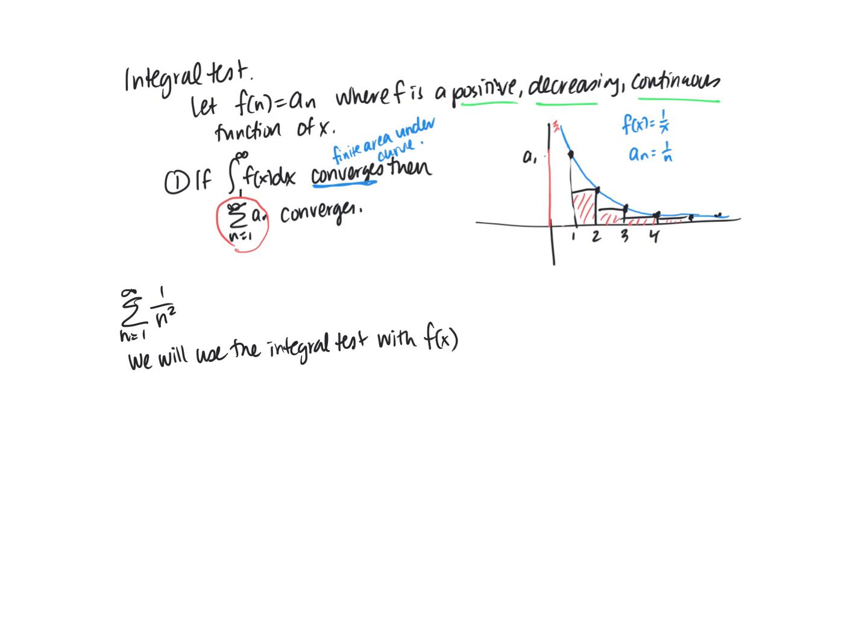Well, I'm just going to replace n with x to make it a continuous function. So 1 over x squared. So I can look at the integral from 1 to infinity of 1 over x squared dx.